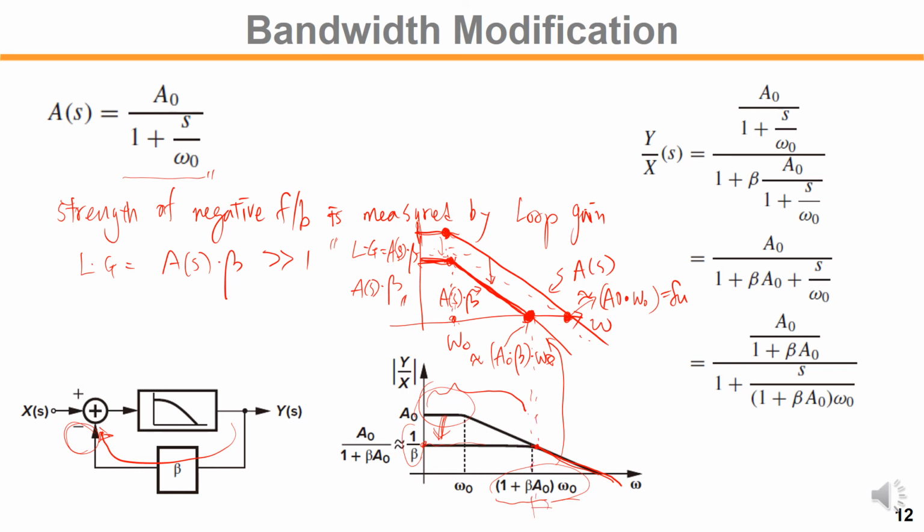Why? Because the negative subtracting feedback term becomes negligible after this frequency, right? So it just becomes like the open loop gain. You just follow the open loop gain response, right?